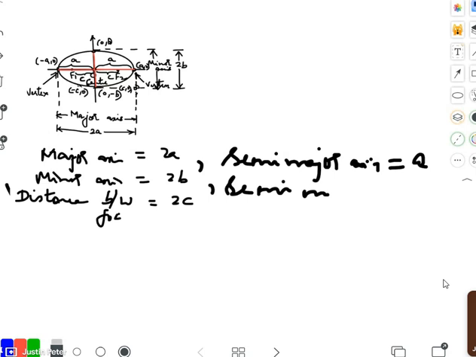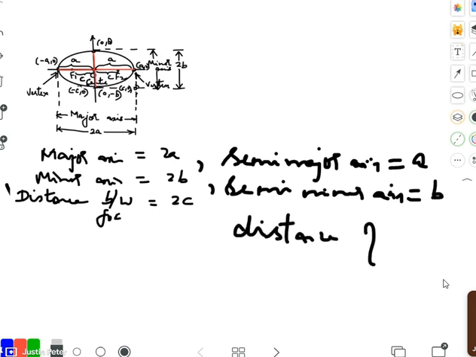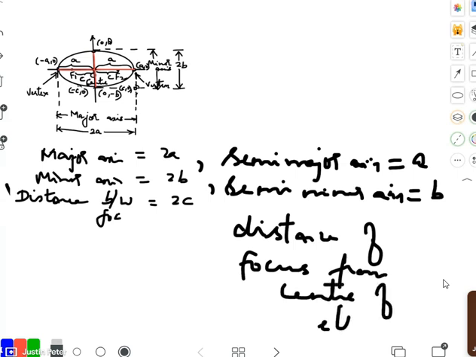Likewise, semi-minor will be b. The distance of the focus from the center of the ellipse will be c.